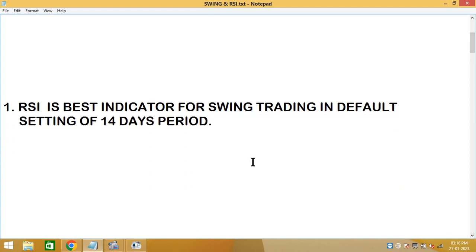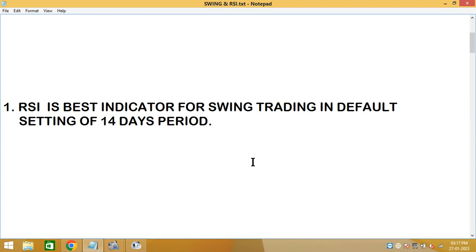Friends, RSI is the best indicator for swing trading in its default setting of a 14 days period. What I want to explain to you is that in your RSI software, there is always a default setting of 14 days. So if you are doing swing trading, you need not change this 14 days period at all.